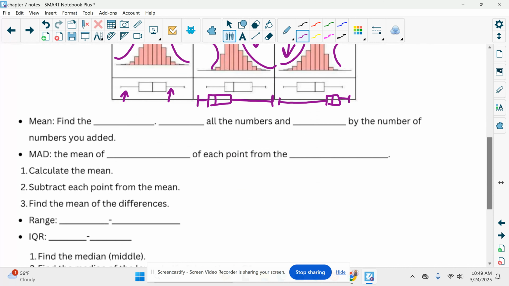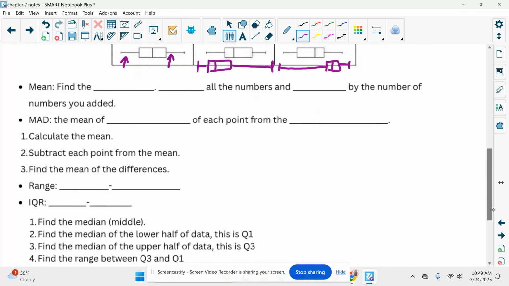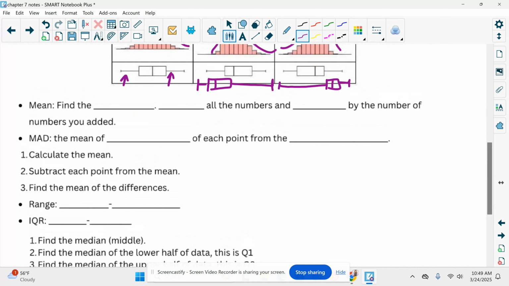Okay? And then this part down here kind of just refreshes us on how we find the different measures of center and variation. So what's another word for mean? Find the average, thank you Connor. And you do this every week when you average your homework grades.